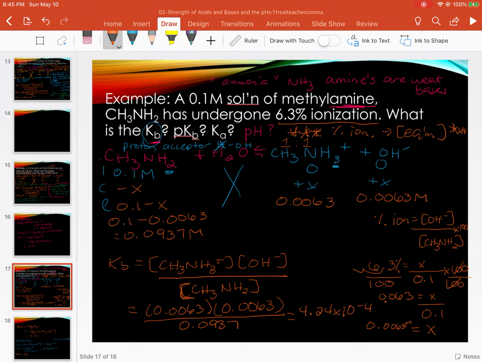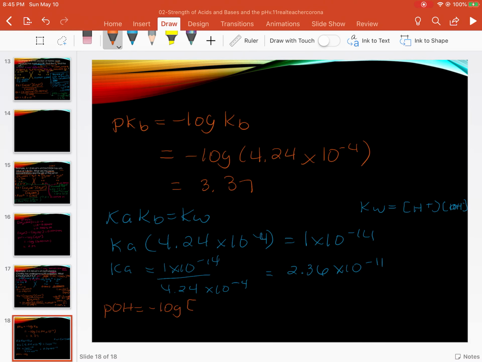So we found the OH concentration here. So they will use that. I'm running out of room, so I'm just going to keep going on the same line, sorry. And then they will use this expression.